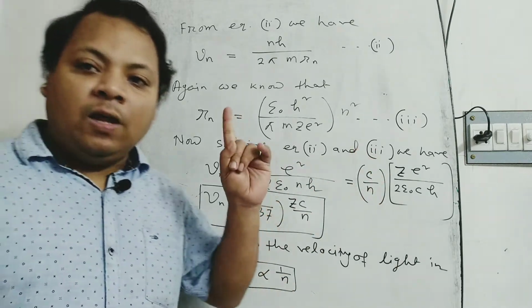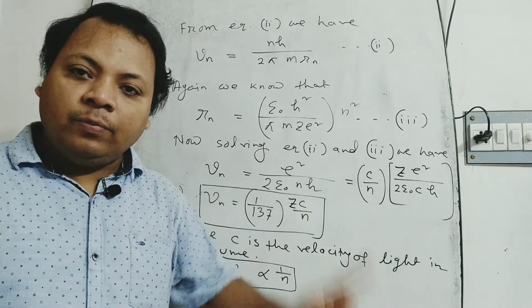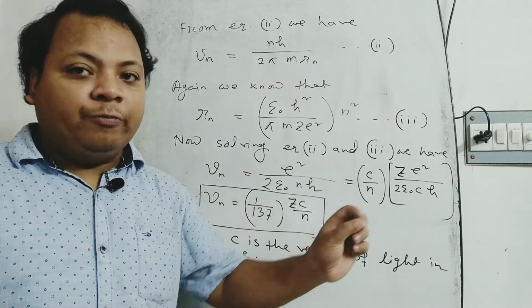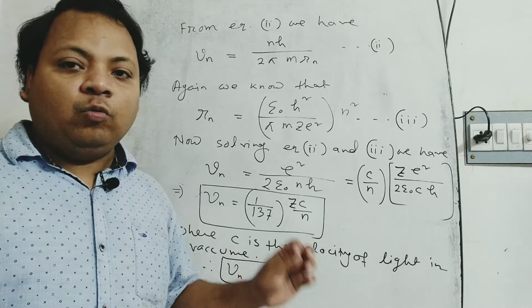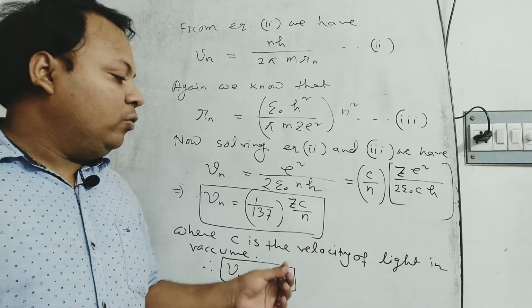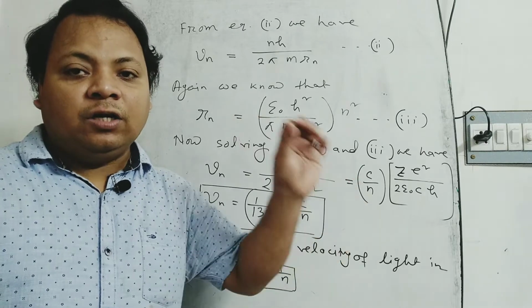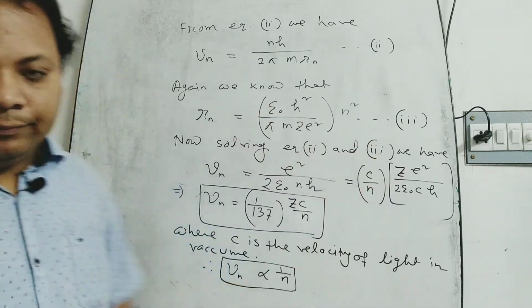For a hydrogen atom, Z is equal to 1, and for the first orbit, n is equal to 1. Therefore we can easily find out the velocity of an electron in the first orbit of a hydrogen atom.